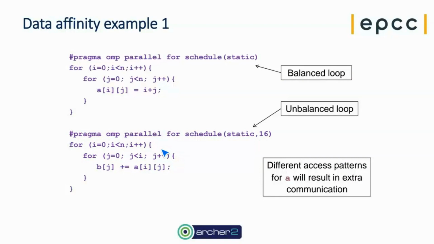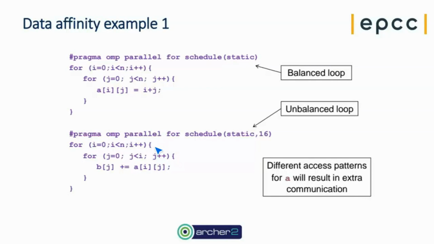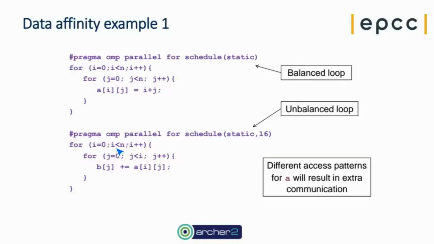As far as the outer loop is concerned, this is badly balanced, and that's because the inner loop bounds are j equals 0, j less than i. So the length of the j loop depends on the value of i. This is a triangular iteration space.